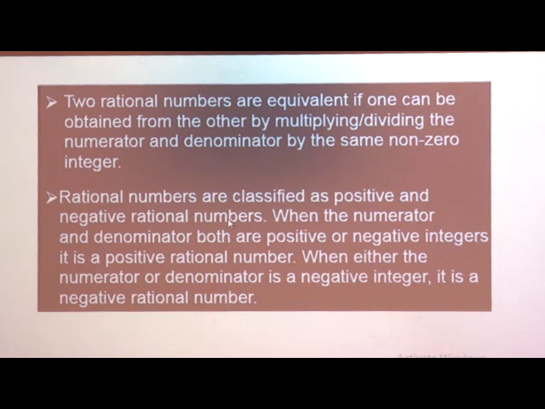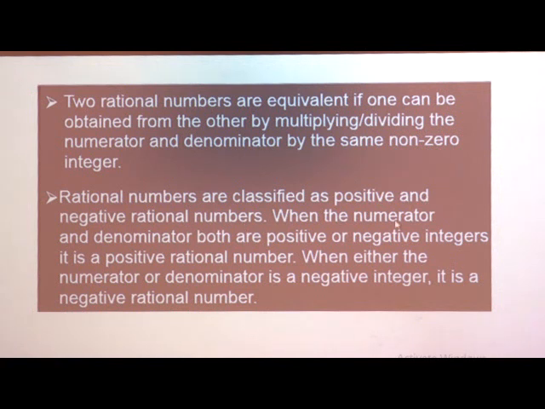I had told it is not a number line of integers. Here the number line was of rational numbers. So, in between two numbers there are many rational numbers. So, rational numbers are classified as positive and negative rational numbers.